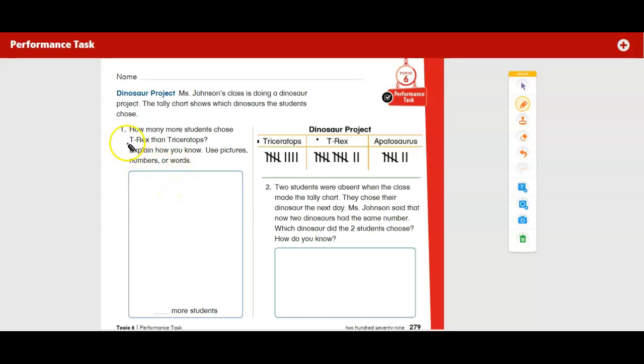We are wanting to find out how many more students chose T-Rex than Triceratops. Once you know how many there are of each dinosaur, you can use addition or subtraction to solve. Then you'll write your answer in the blank for how many more students chose T-Rex.